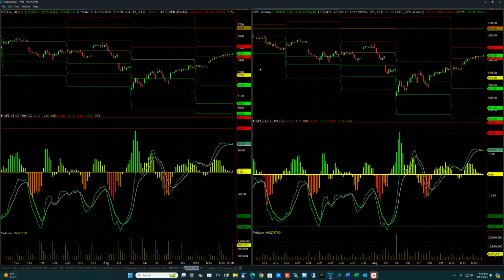TradeStation is one of the few platforms that allows you to do that, where you can put weekly data in to find out the levels and yet plot the 60 minutes. So you have weekly data to find the levels, but plot the hourly. Most platforms don't do that.